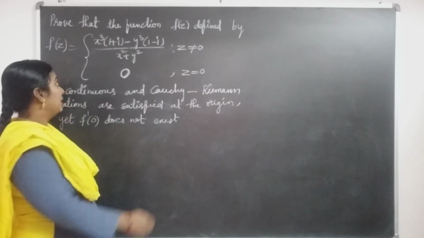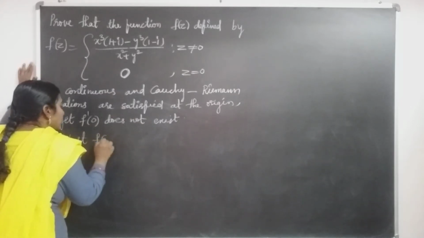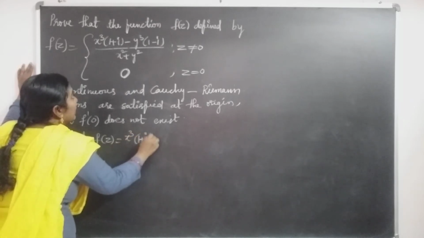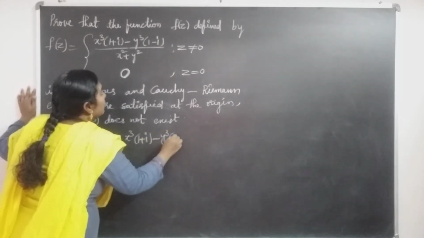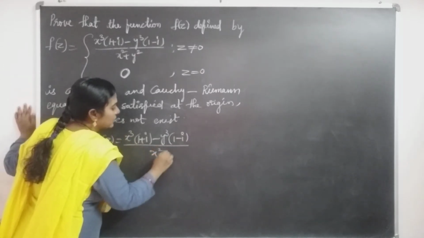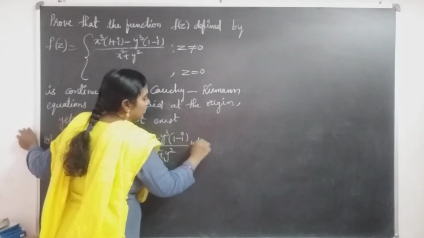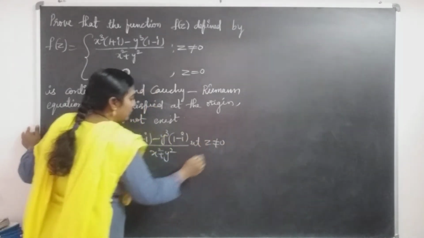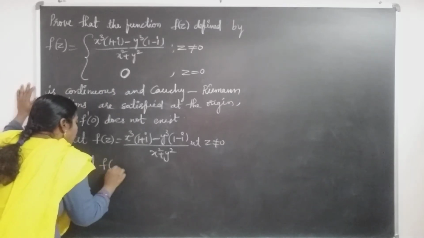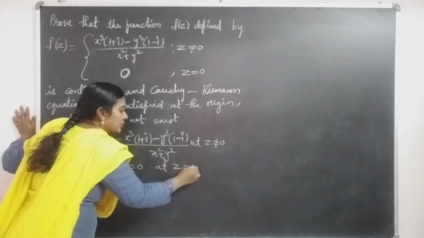Okay, let f of z be equal to x cube into 1 plus i minus y cube into 1 minus i, by x square plus y square, at z not equal to 0, and f of z equal to 0 at z equal to 0.